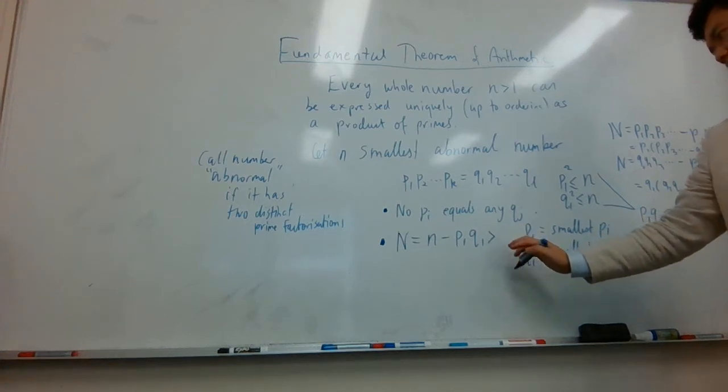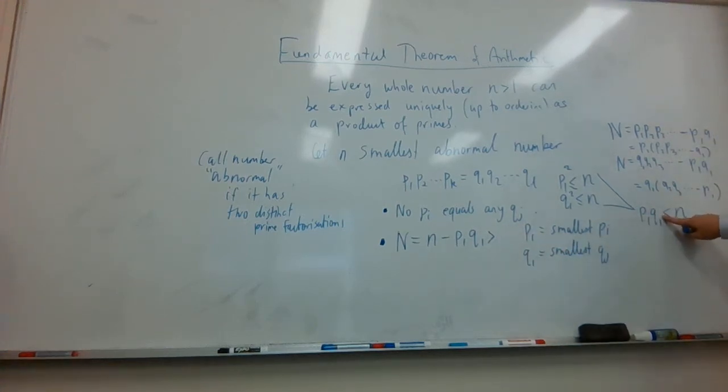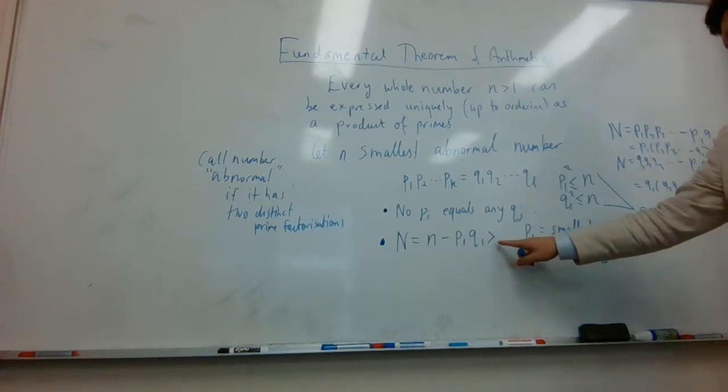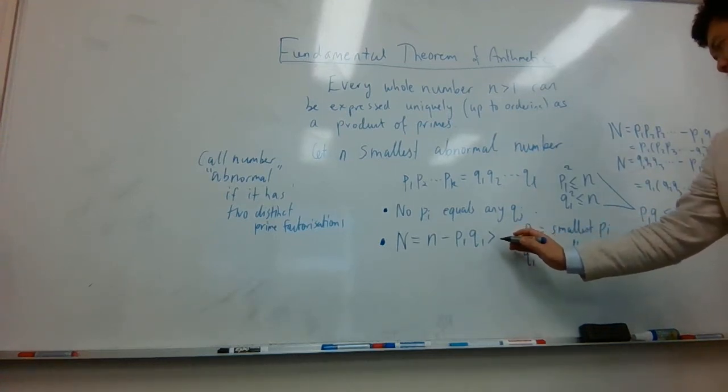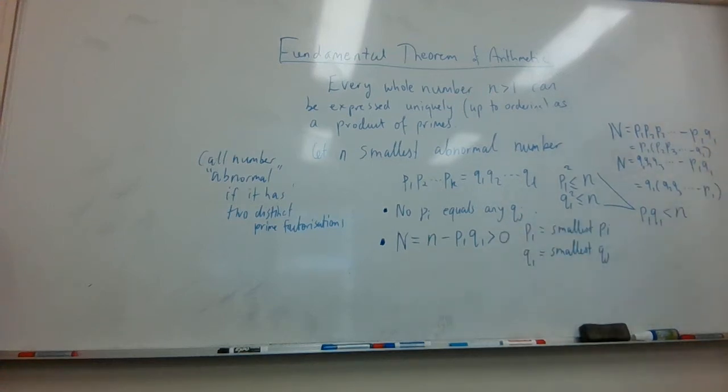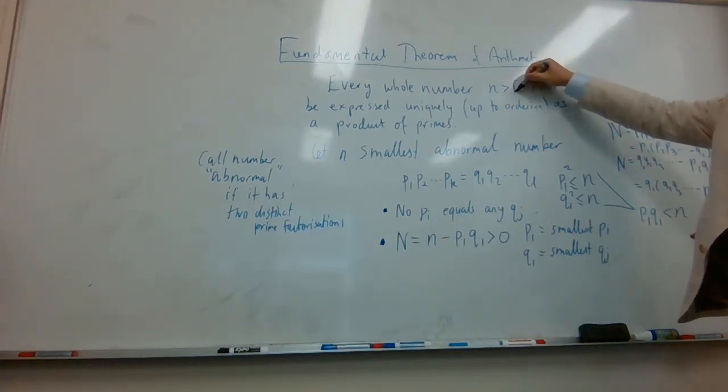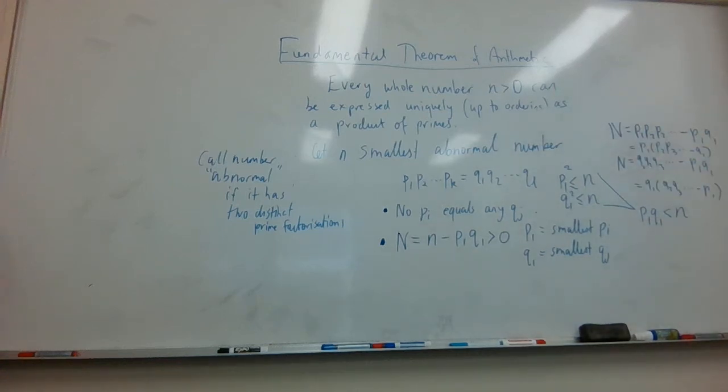Well, it's not 0, so this is strictly less than n. Actually, this should be every number greater than 0. Well, no, because one can't be factorized because one isn't a prime. Oh, it's an empty product, like it has no primes appearing in its factors.